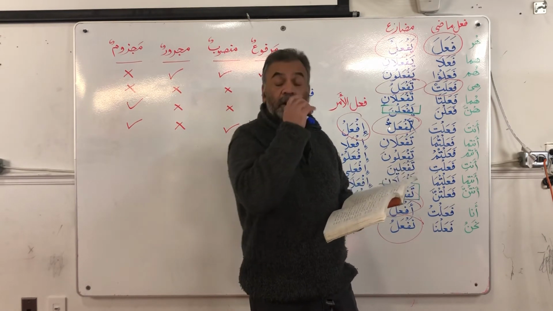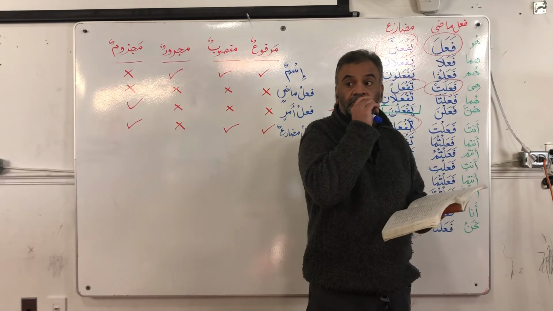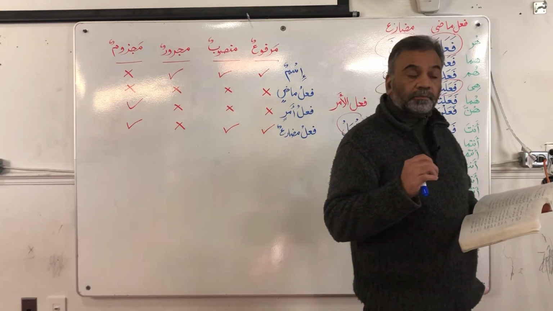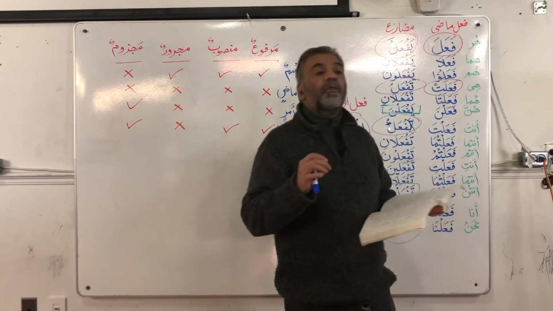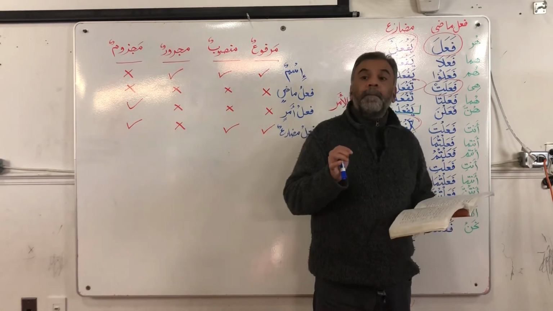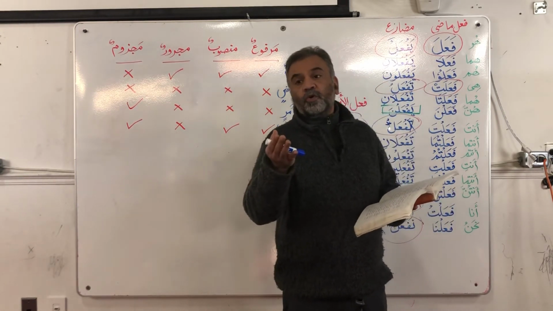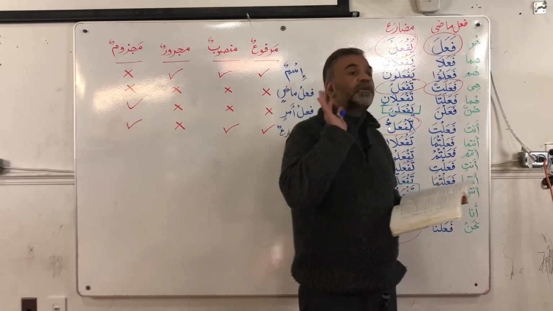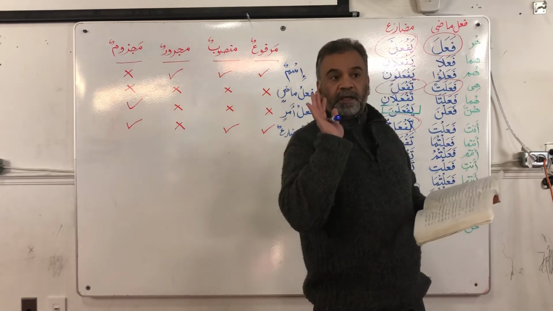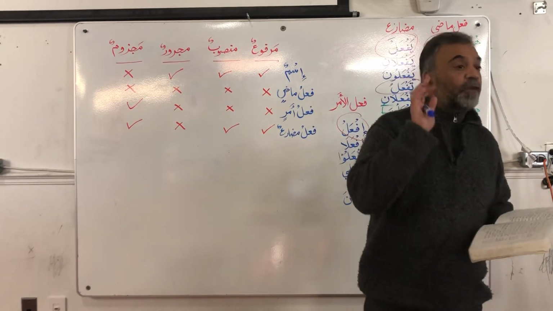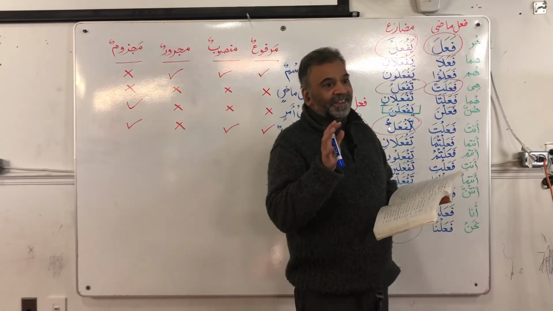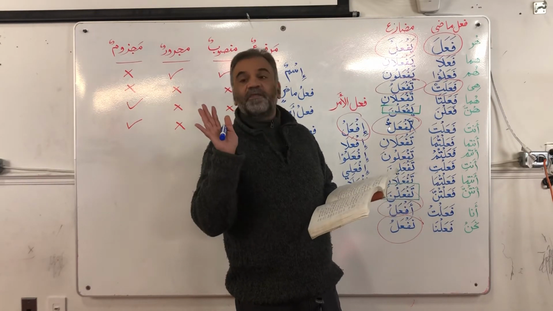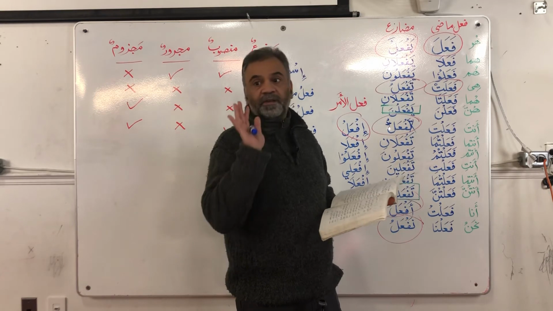Kaifa halukil yawma. How are you today? Why am I saying haluki? Because Hamid is talking to Ummu Ahmad, right? She is singular, and she is feminine, and she is second person, and we know ki is the attached pronoun for second person feminine singular.